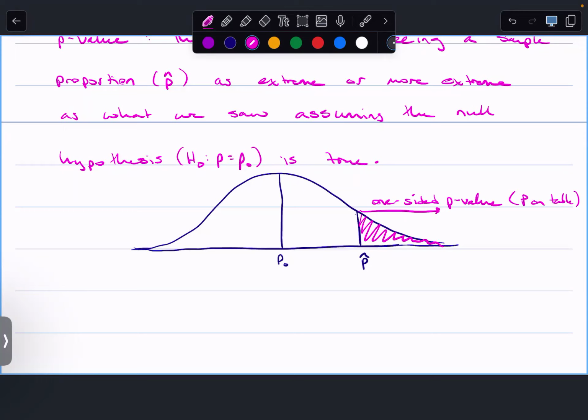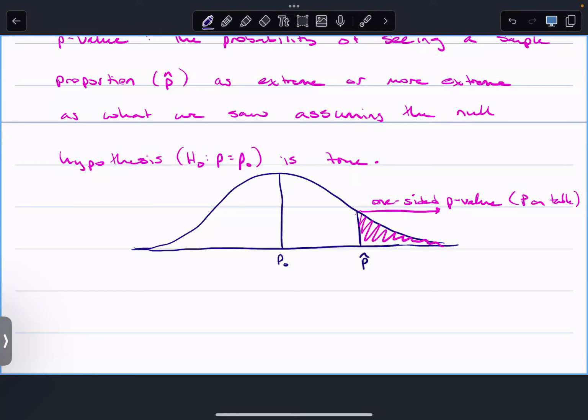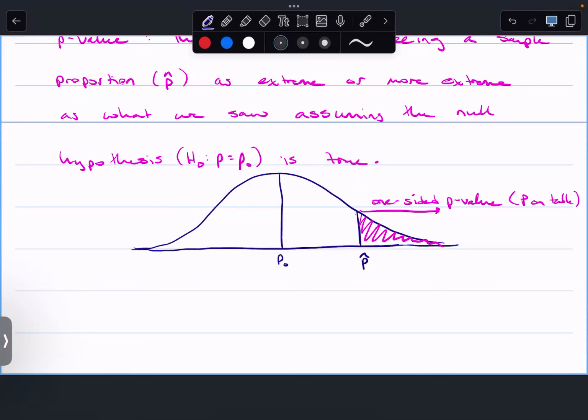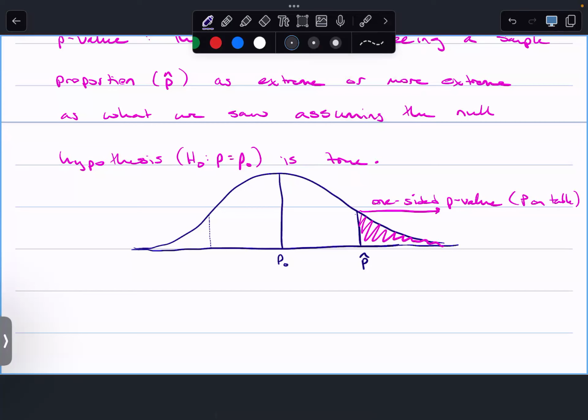Now, depending on what we're interested in, it's possible, and let's see if I can change this, this could have just as well happened on the other end. So there are times where maybe we're interested in both these tail areas.